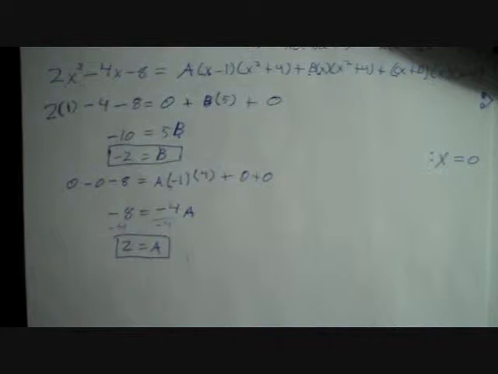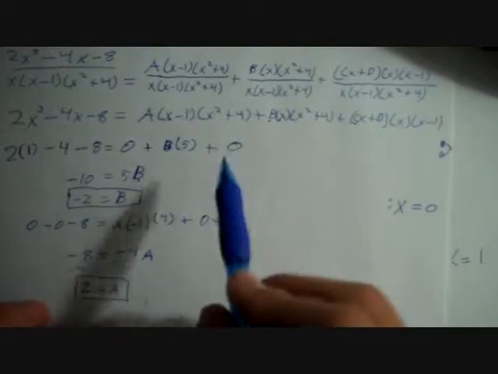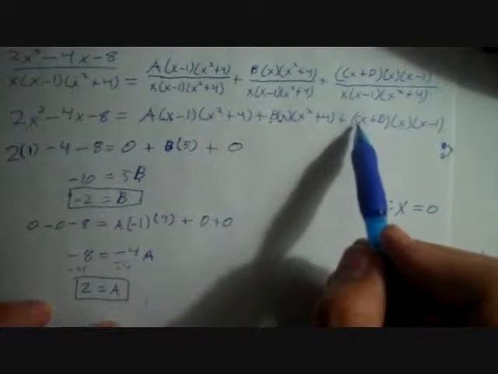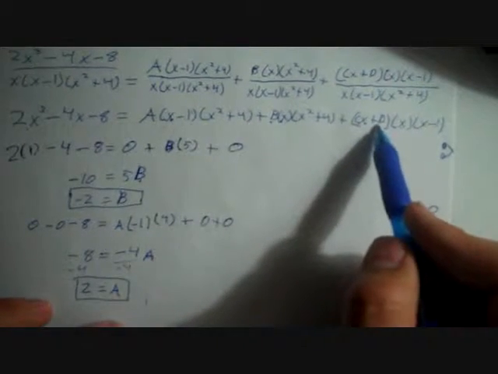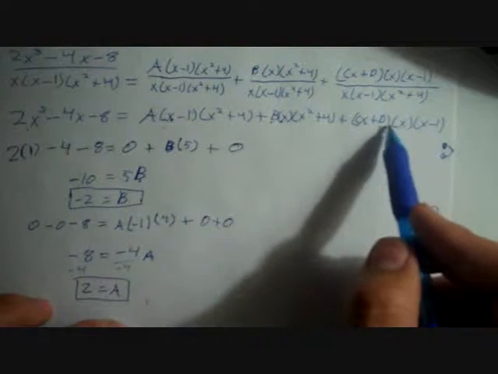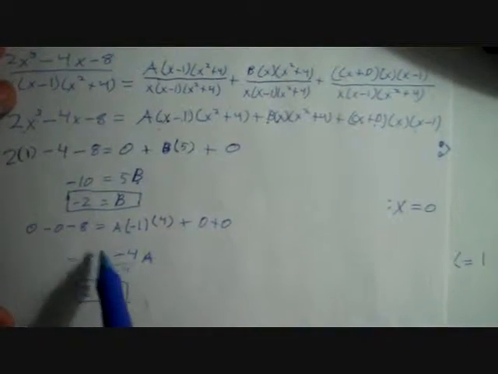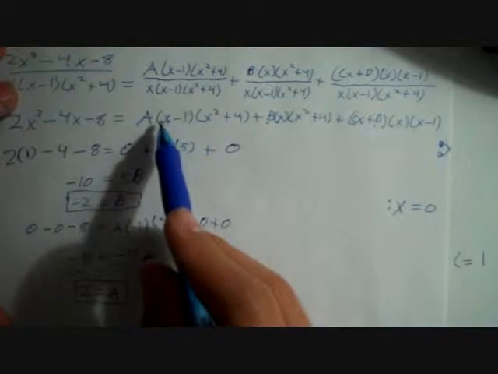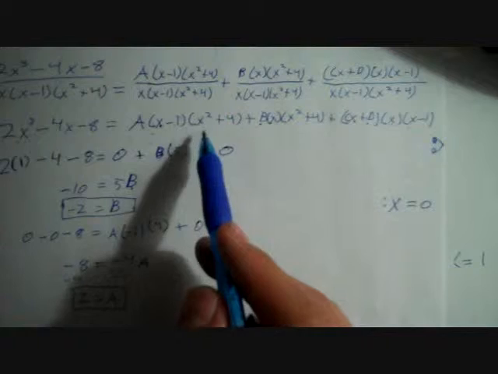Alright, so okay, we're kind of stuck. There's no more convenient values for x that we can use to get rid of all of our a and b terms, especially because our c and d terms are in the same product bunch. So what we have to do is plug in our known values for a and b, and then pick a reasonably convenient value for x.